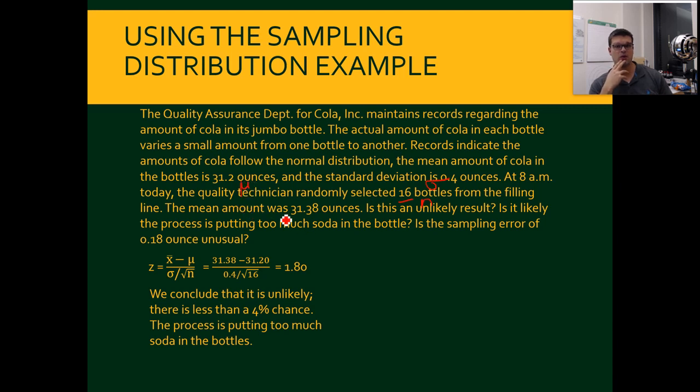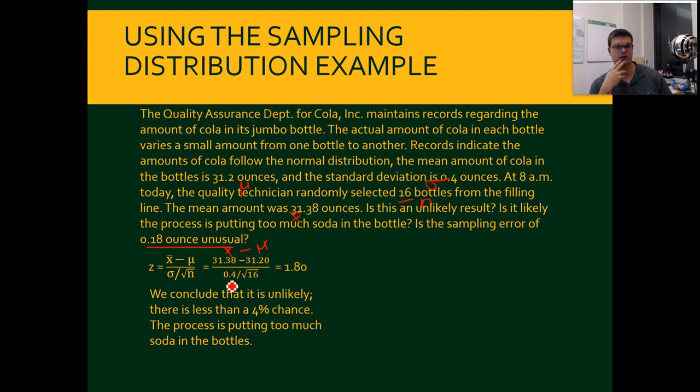And the mean of the sample, which is x bar, is 31.38. So here you see x bar minus mu, over 0.4 divided by the square root of 16.